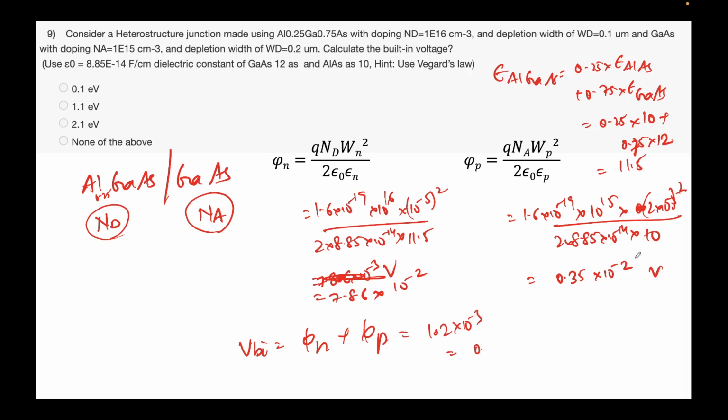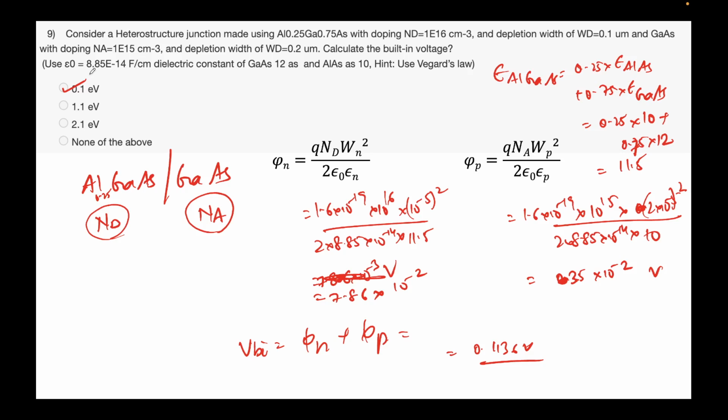So 7.86 divided by 100 plus 0.035. Yeah, so this is actually 3.5 times 10 to the power minus 2. So the final answer is coming out to be 7.86 plus 3.5, which is 0.1136 volts. I mean, eV and volts you have to interchange, so this is the most correct option.